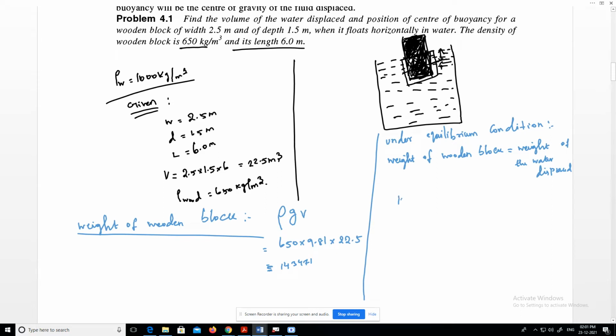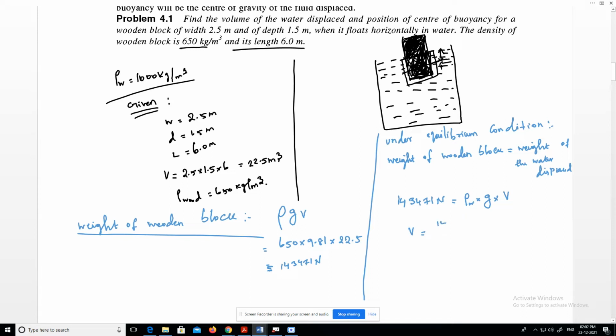Weight of the wooden block is 143471 Newton, equal to weight of the water displaced, which is equal to rho, density of water, into gravity, into volume of the water displaced, right? So now we have to calculate the volume displaced.